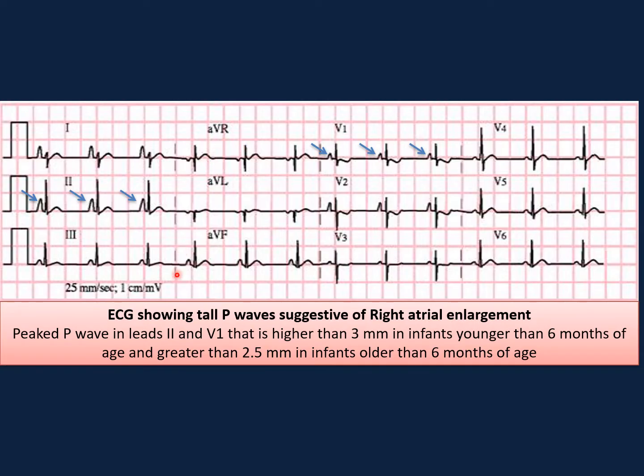Then we look at the axis: the QRS is positive in aVF and negative in lead 1. This is right axis deviation. Then the P wave in lead 2 before the QRS is tall and peaked, obviously more than 3 tiny squares. So this is suggestive of right atrial enlargement.